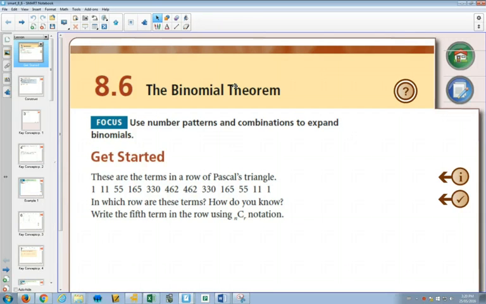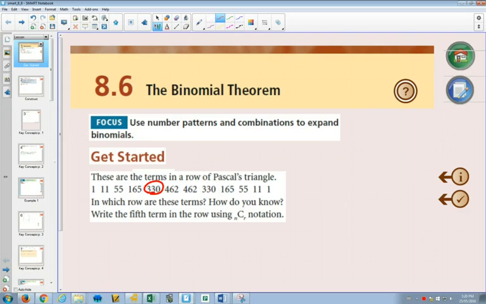Tell me which row it's in. How do you know? Can you write this fifth term? 1, 2, 3, 4, 5, 330. In n choose r notation, that would be 330 equals what choose what?